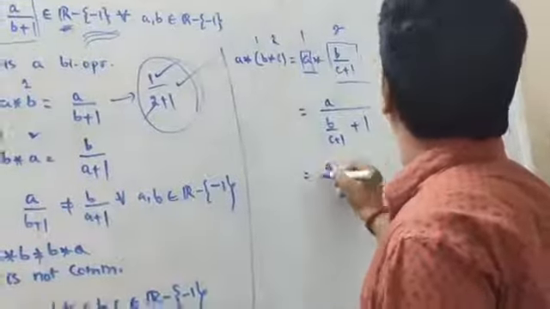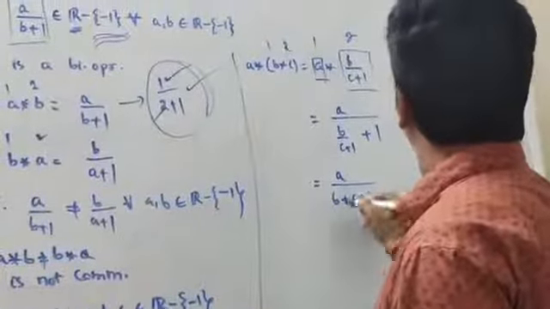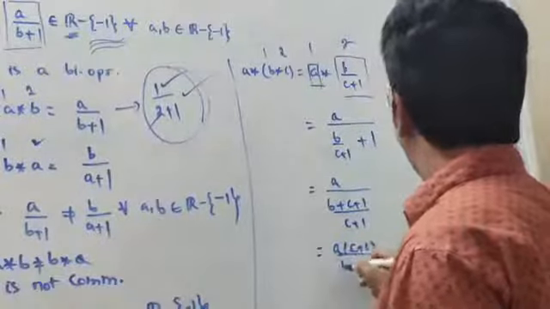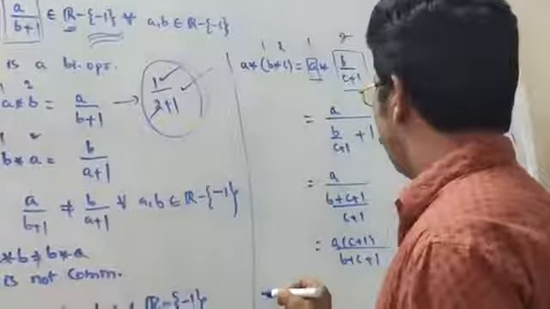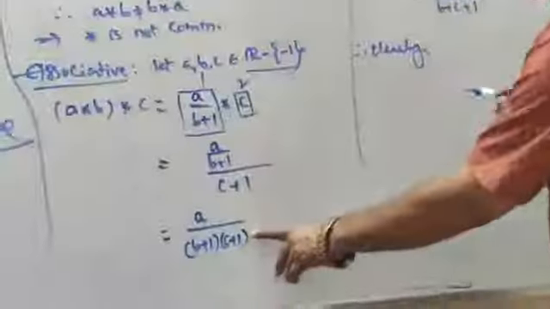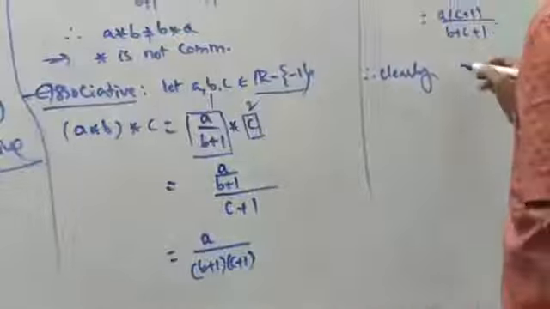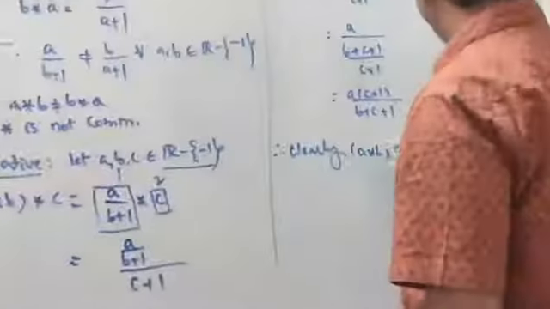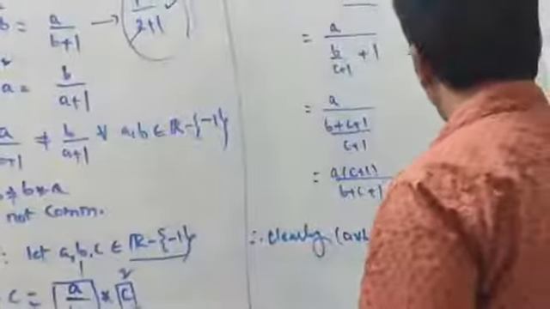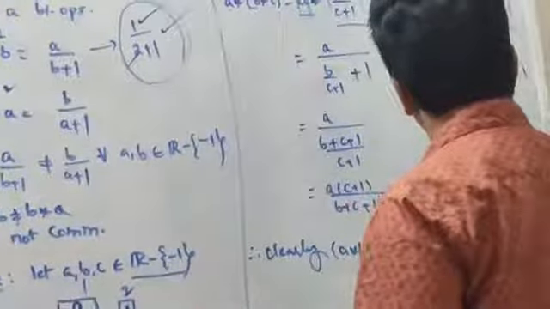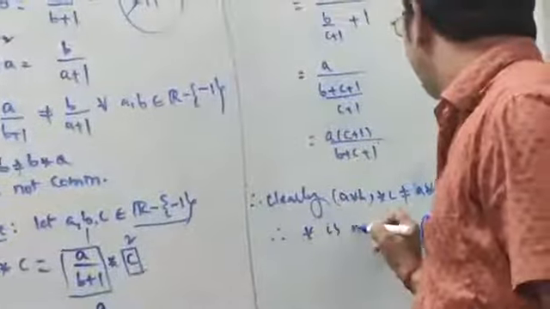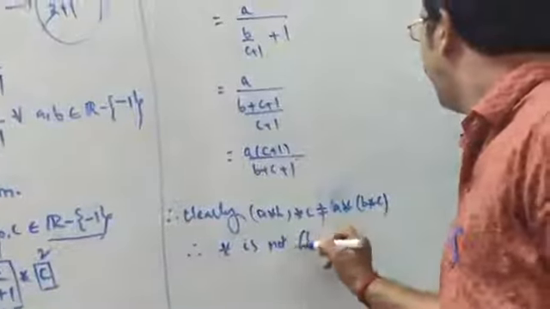So simplify it: A divided by B plus C plus 1, divided by C plus 1. So clearly A into C plus 1 divided by B plus C plus 1. These both are different. Therefore clearly we see that A star B star C is not at all equal to A star B star C. Therefore star is not associative.